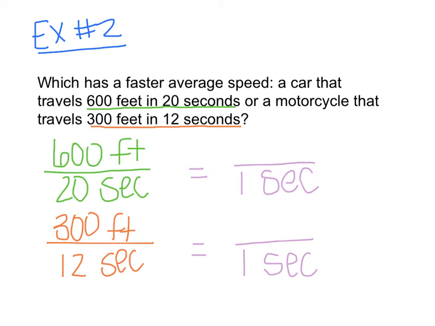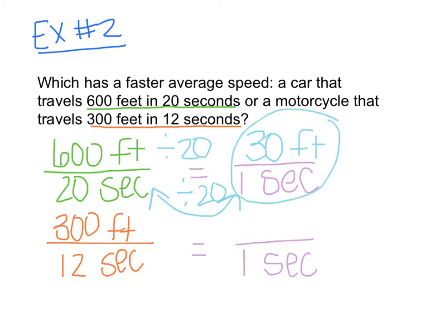So for our car at the top, we're going from 20 seconds to 1. So we're dividing by 20. So we divide our numerator by 20. 600 divided by 20 is 30 feet. So the car can go 30 feet in 1 second. Now for the motorcycle. We have 12 seconds to 1 second.